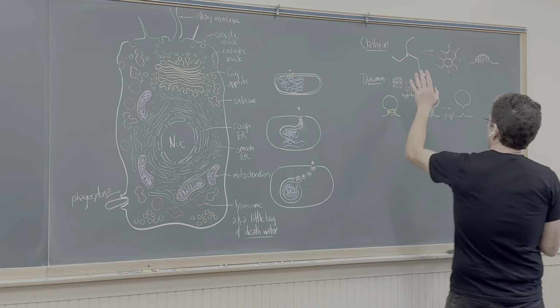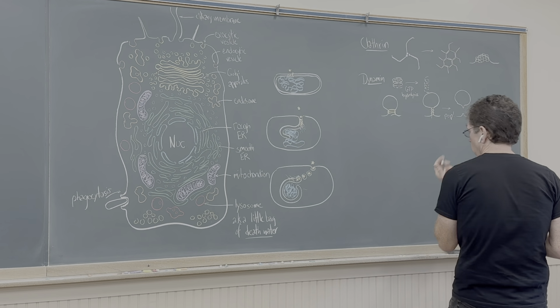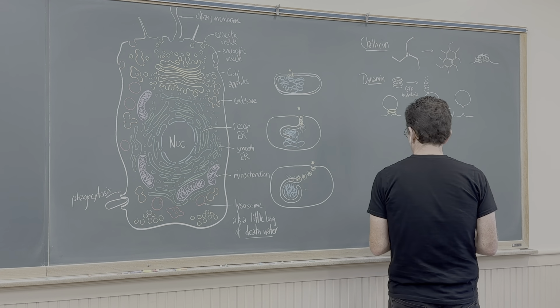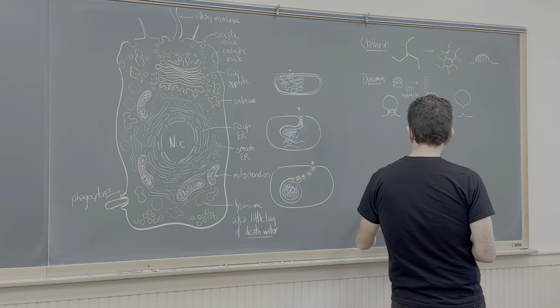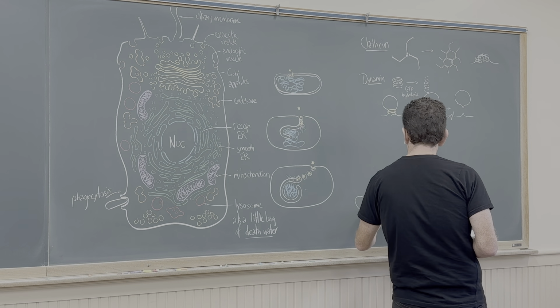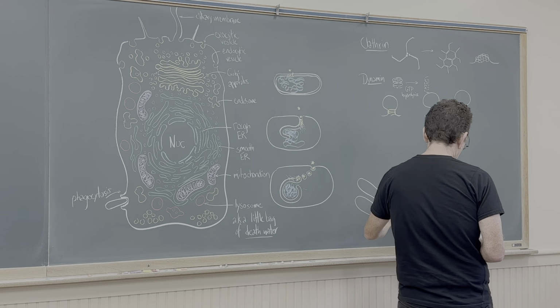So there are several vesicle-forming coats. If we just take a little bit of this and blow it up, let's say here's a bit of endoplasmic reticulum.